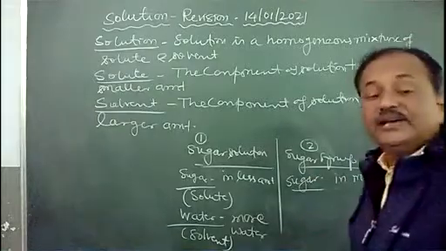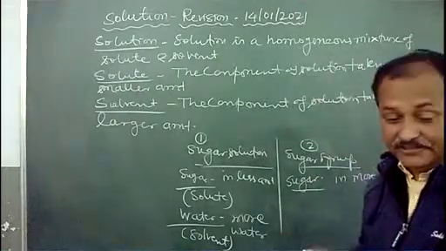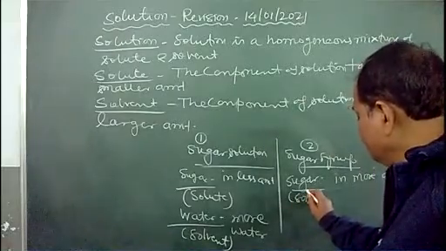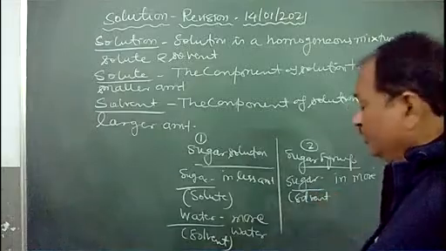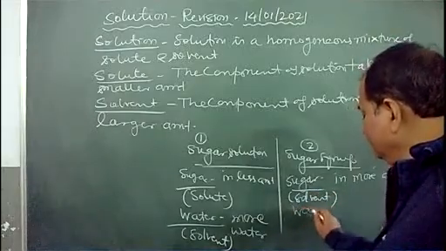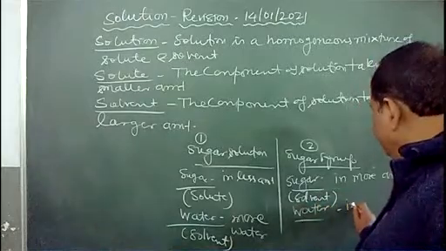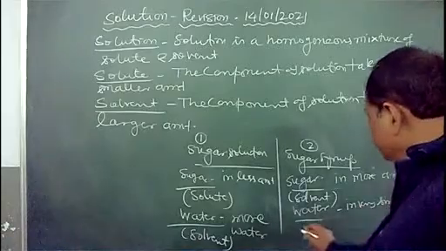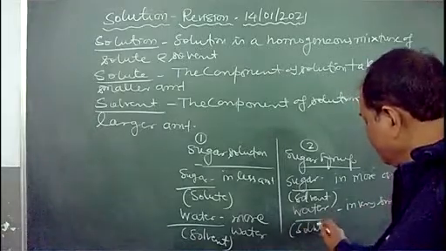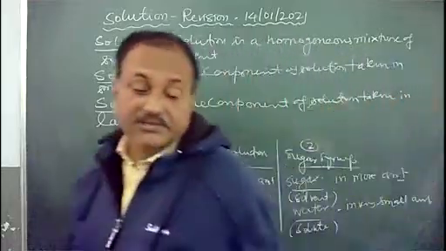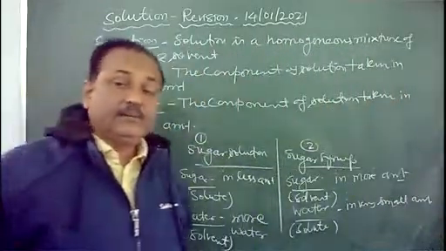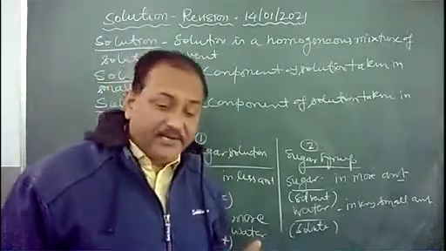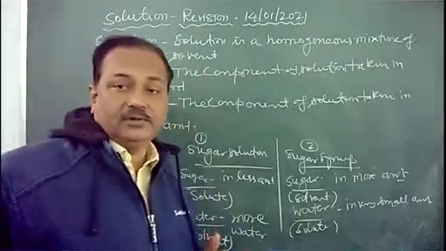The quantity of sugar in sugar syrup or chashni is very large, and as a result it is solvent. On the other hand, water is in very small amount. So this is solute. So this is the basic difference between solute and solvent. So it is depending on the quantity of solute or solvent.